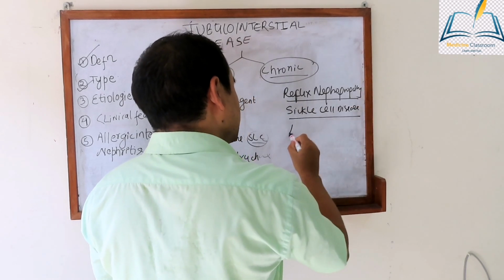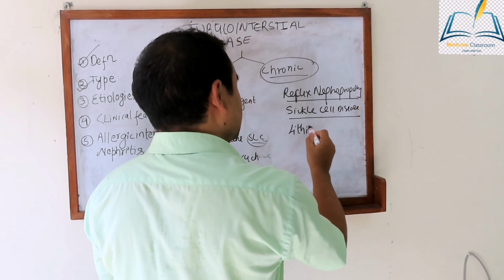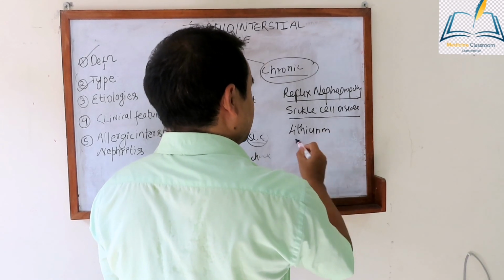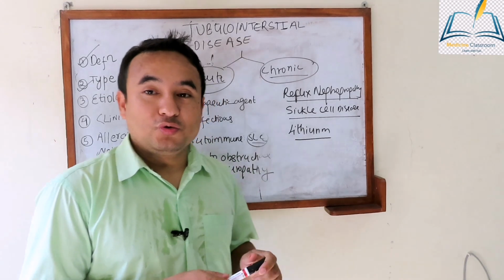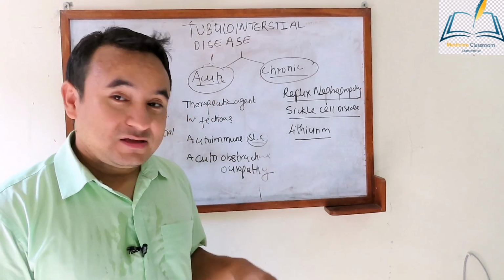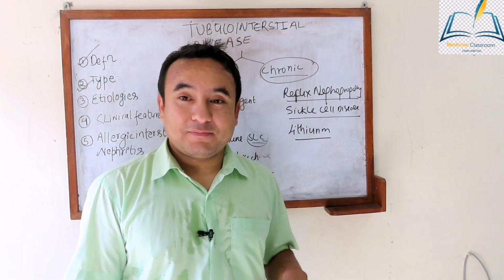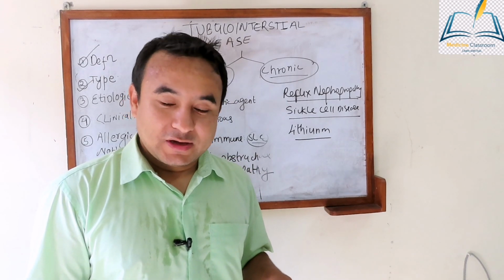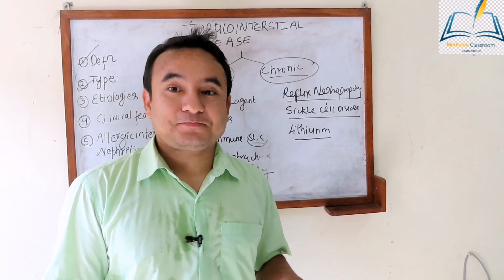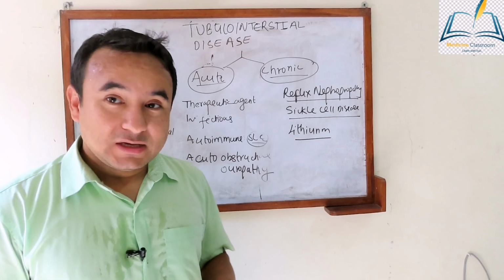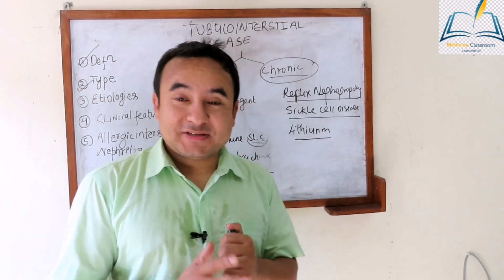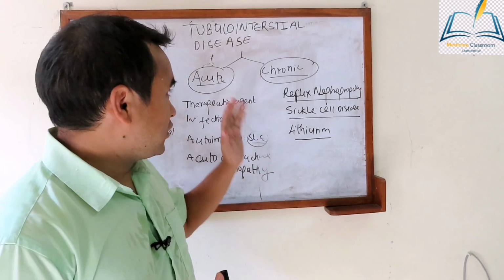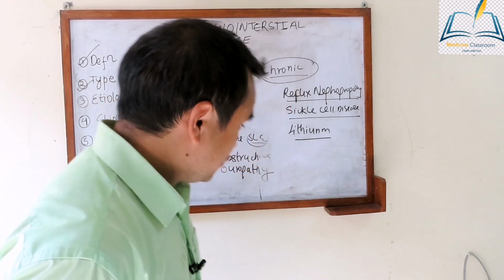Another important cause is drugs like lithium, which can cause chronic tubulointerstitial disease and present with diabetes insipidus. We use lithium in bipolar affective disorder, or sometimes even in mania. So tubulointerstitial disease has different causes for the acute and the chronic one.